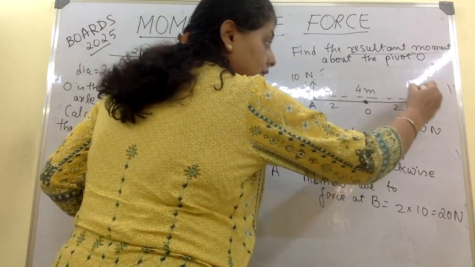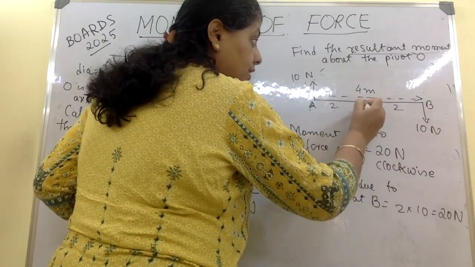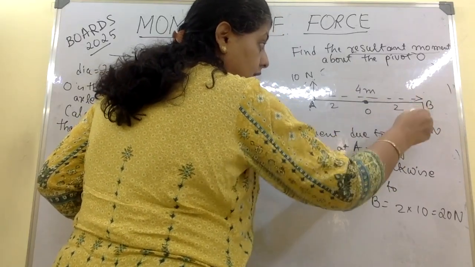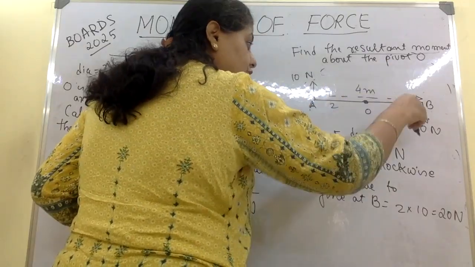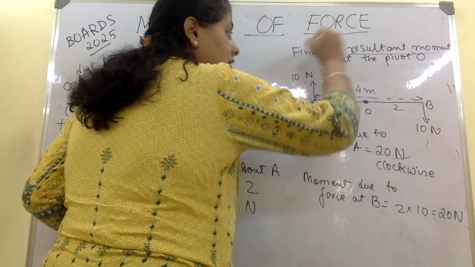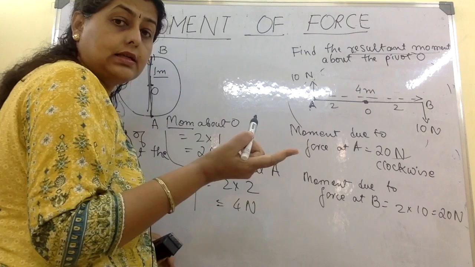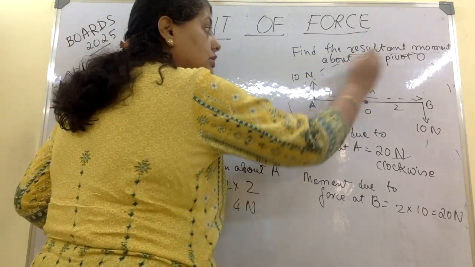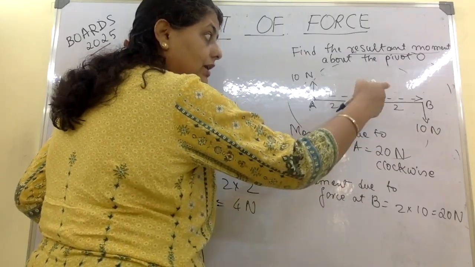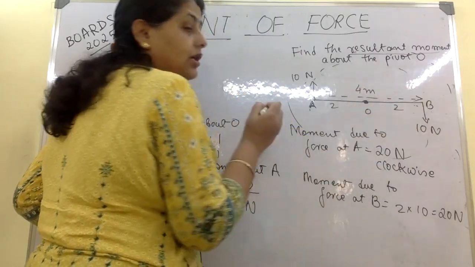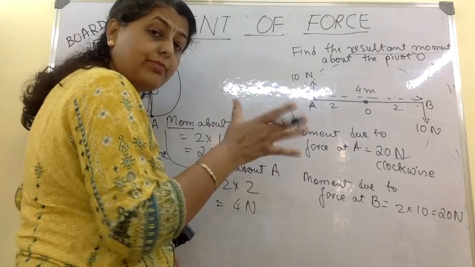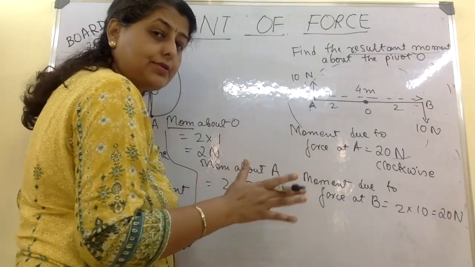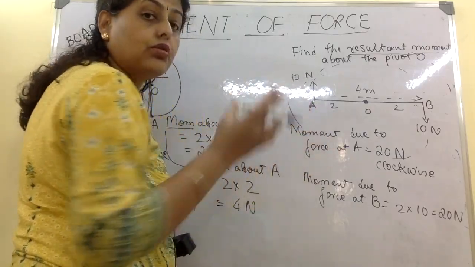Here, supposing you push this, you're pushing that also, finally it's going to make a circular movement like this, isn't it? So this part is also moving clockwise. Both the forces are making the rod move in the same direction, though here they look opposite.